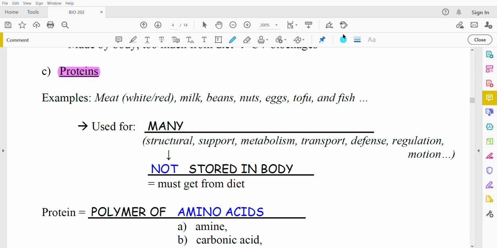Also, egg whites are usually considered a really good source of protein. Tofu, if you're not a meat eater, fish, all that sort of thing.